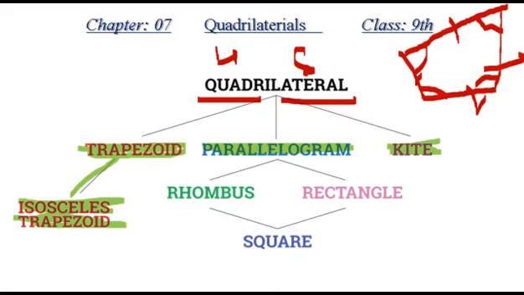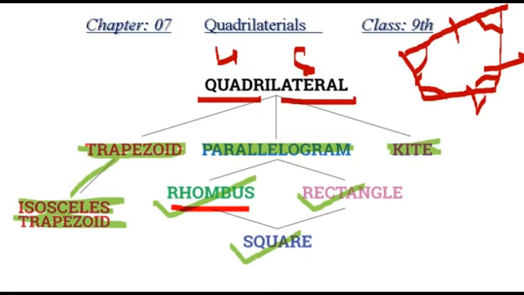Parallelogram can be divided into three main quadrilaterals: the first is called rhombus, the second is called square, and the third is called rectangle.